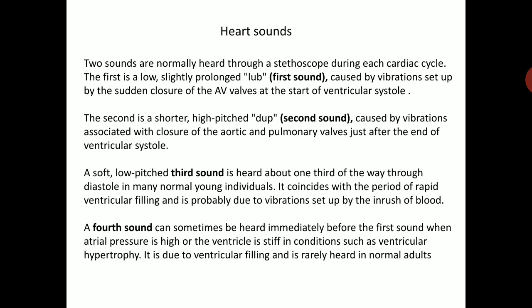So remember, heart sounds are produced by closure of valves, not by opening of valves. The first heart sound is by closure of the AV valve, and that is the lub sound, and the second heart sound is by closure of the semilunar valves, that is the dub sound, and this is high pitched. So the first sound is low pitched, the second sound is high pitched.